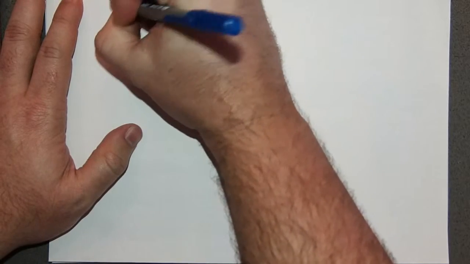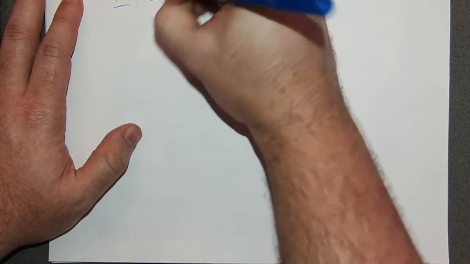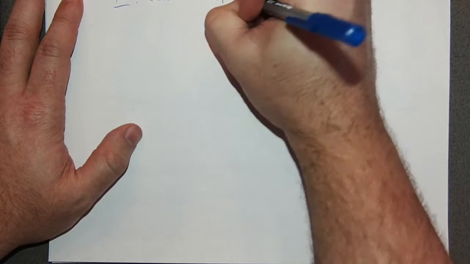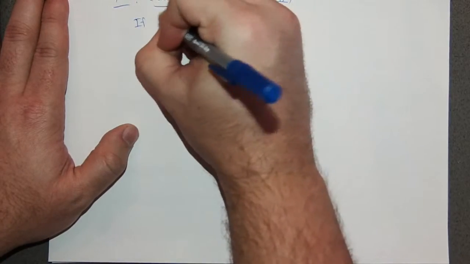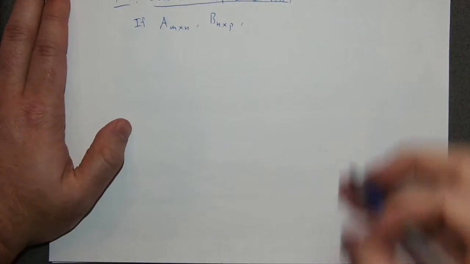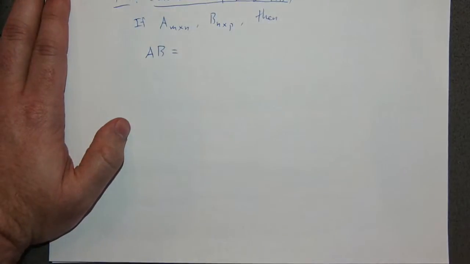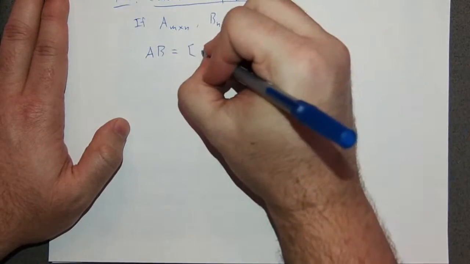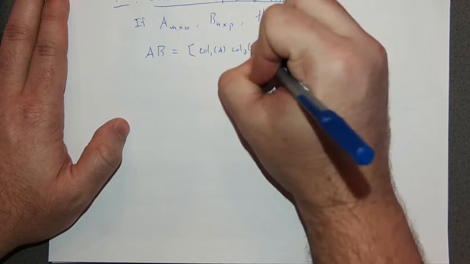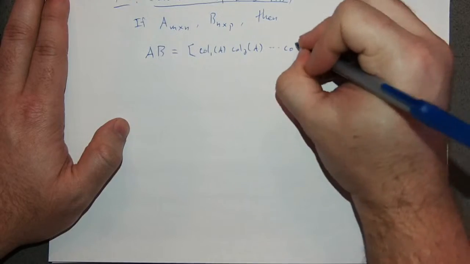So there's a theorem called column row expansion of AB. What does this allow me to say? So if A is m by n, B is n by p, then we can think of the product AB as being written as a vector containing col 1 A, col 2 A, and so on all the way out to col n A, right?